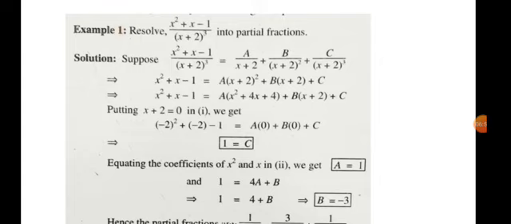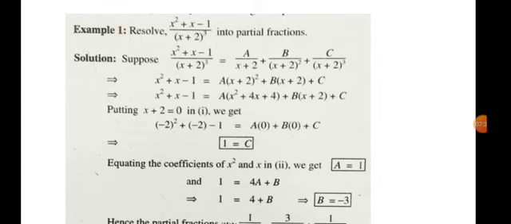When we equate the coefficients of x square, we will get a is equal to 1, because on the left hand side there is x square containing 1 as its coefficient, and on the right hand side there is only one x square and its coefficient is a, so the value of a is equal to 1.